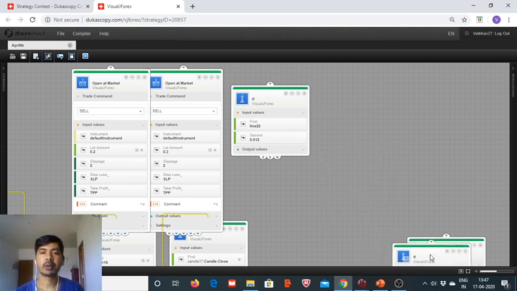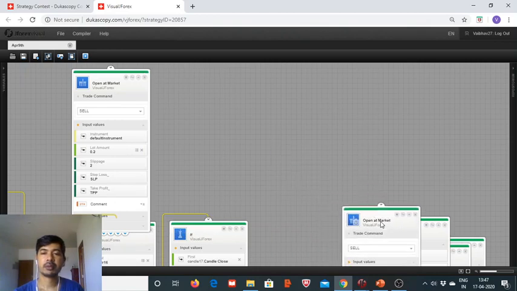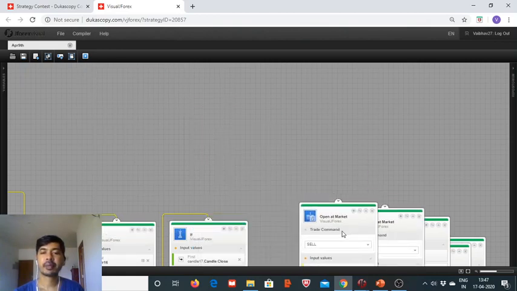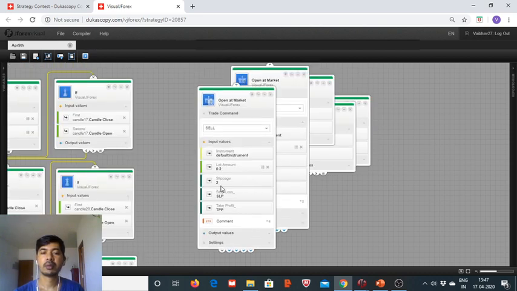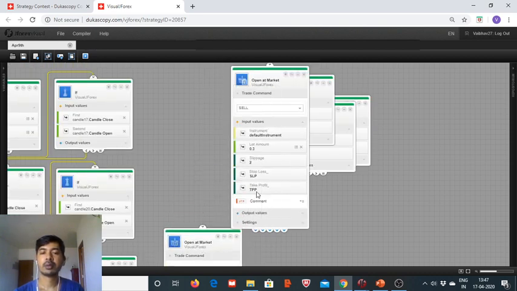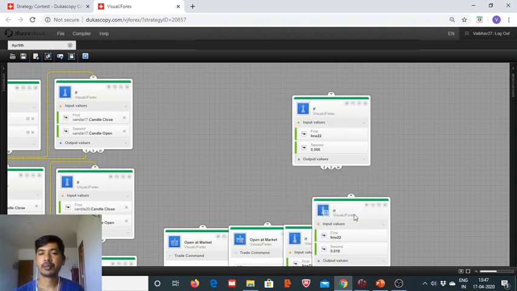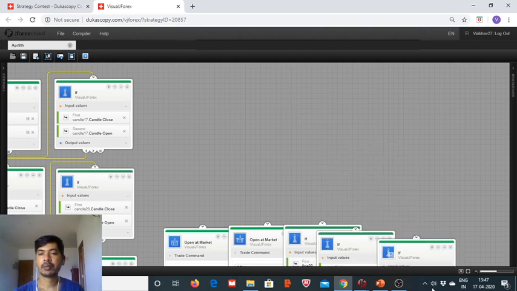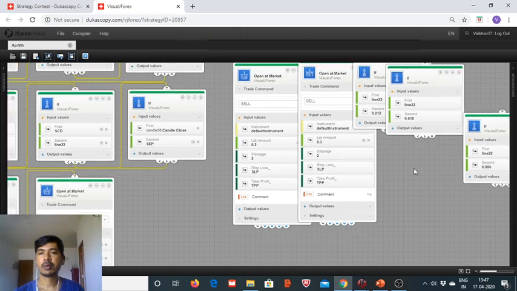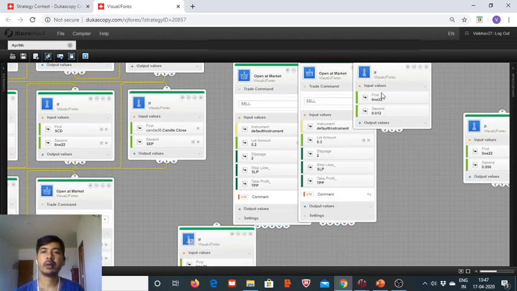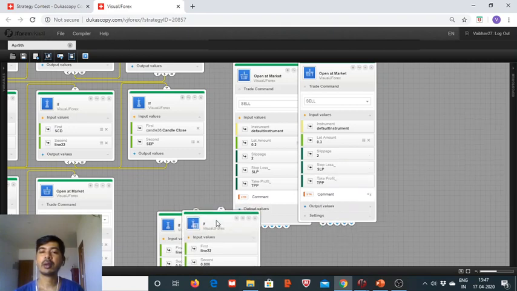These changes are for the sell side. So here we are almost reaching where we need to be.